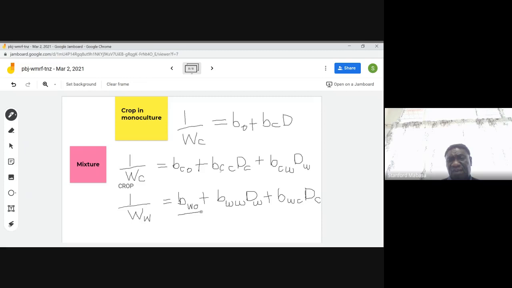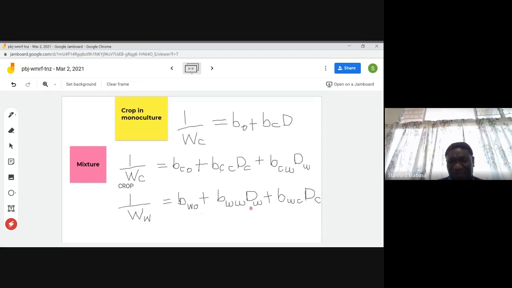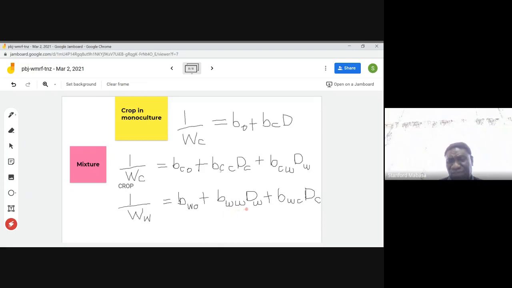We start with this, what we call the intercept. Sorry, let me wrap this. This is the intercept. Now this is the slope with respect to the density of the wheat. This is the slope with respect to the density of the crop.